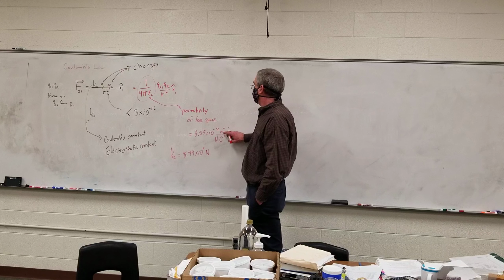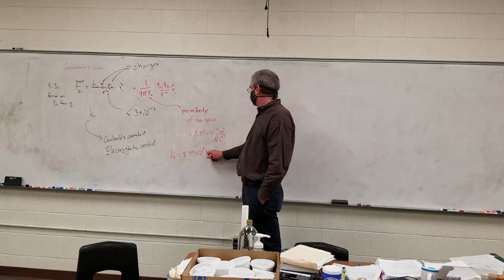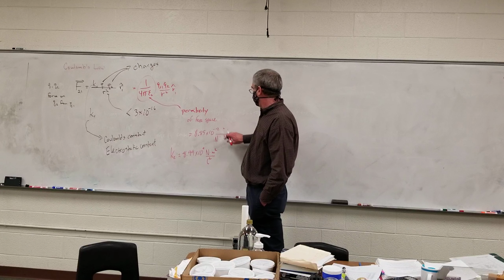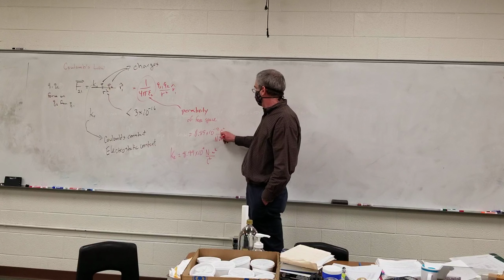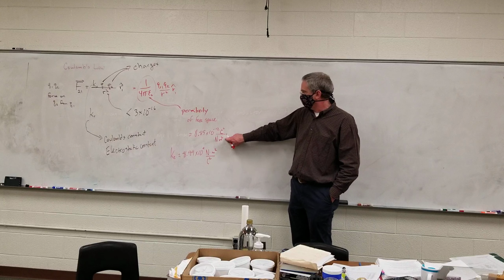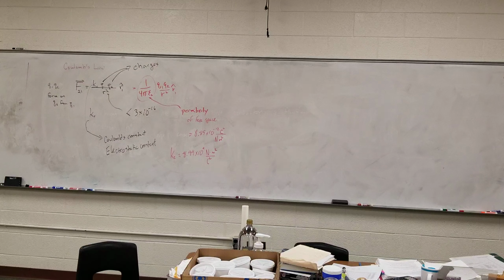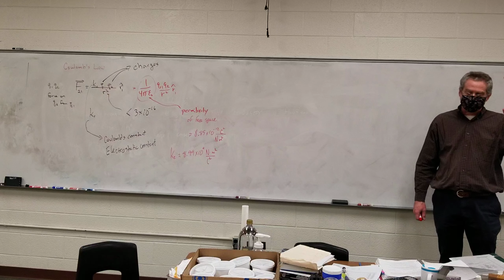Oop, that unit's off. This is Newton meters squared per Coulomb squared. This would be the reciprocal of that. So Newton meters, Coulomb squared per Newton meter squared. That's it. I apologize for that. Oftentimes for the electrostatic constant, I'll just use 9E9.